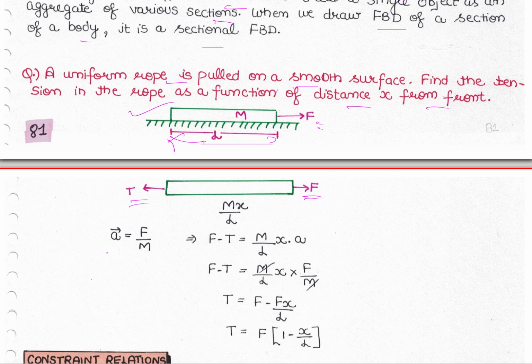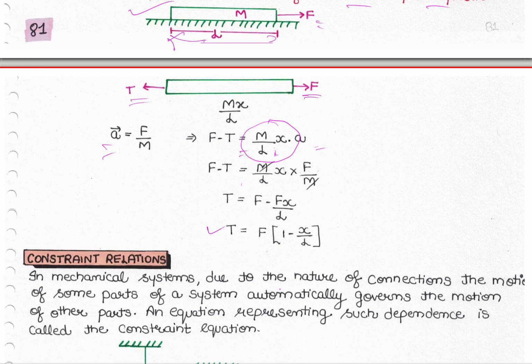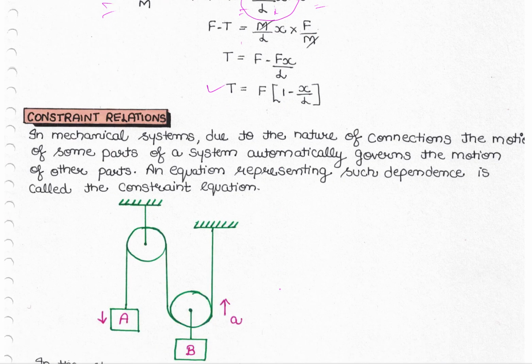So you can write a is equal to F by m, or F minus T is equal to mass into acceleration. This represents the mass per unit length, into a. So if you simplify that, we get T is equal to F into 1 minus x by L.